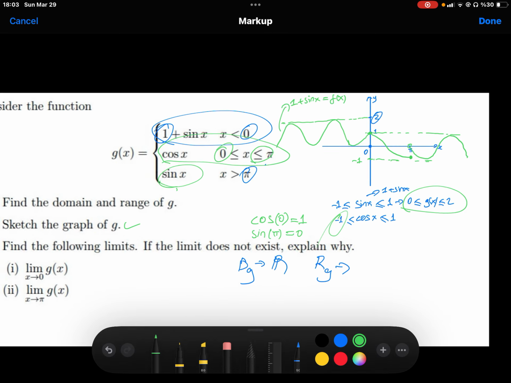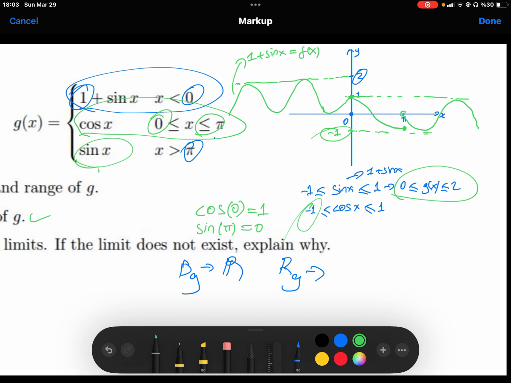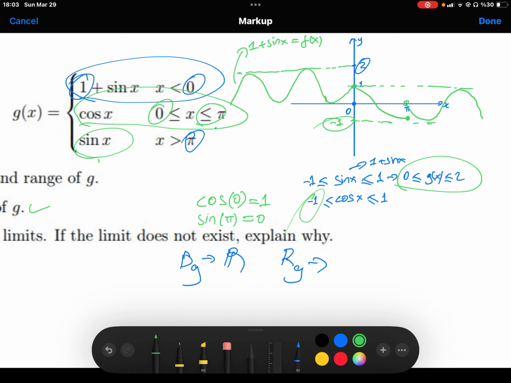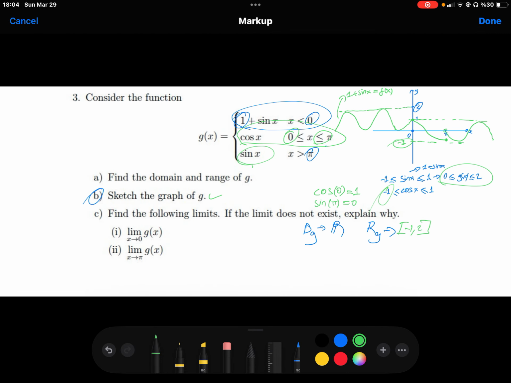As you can see here, there is no external barrier that affects this part, so we can take it as -1, because we don't have any additional number which can change this part. So let's write -1 to 2, both numbers included.